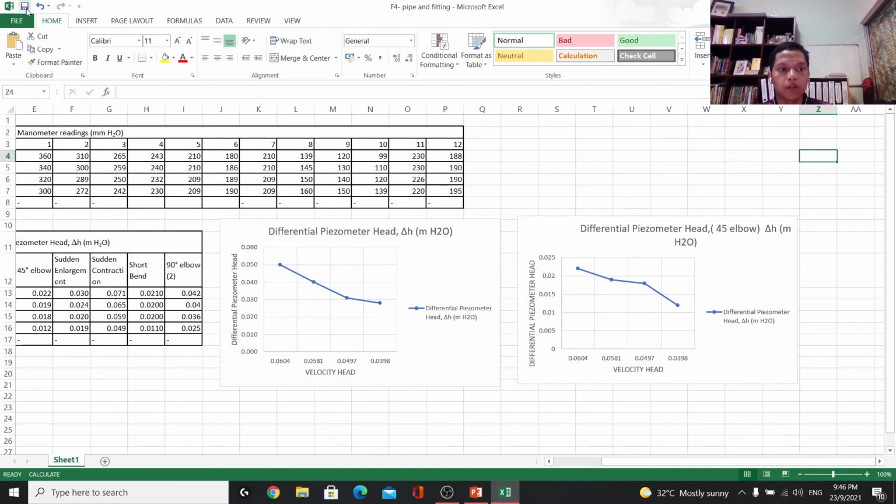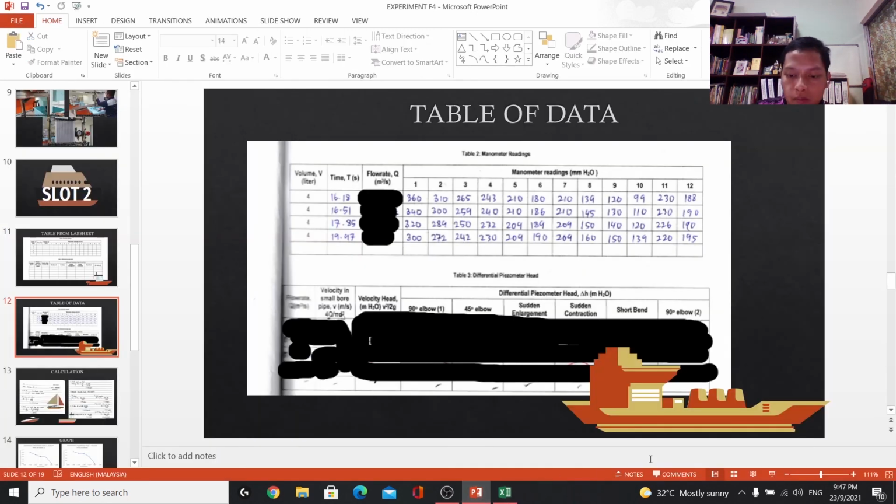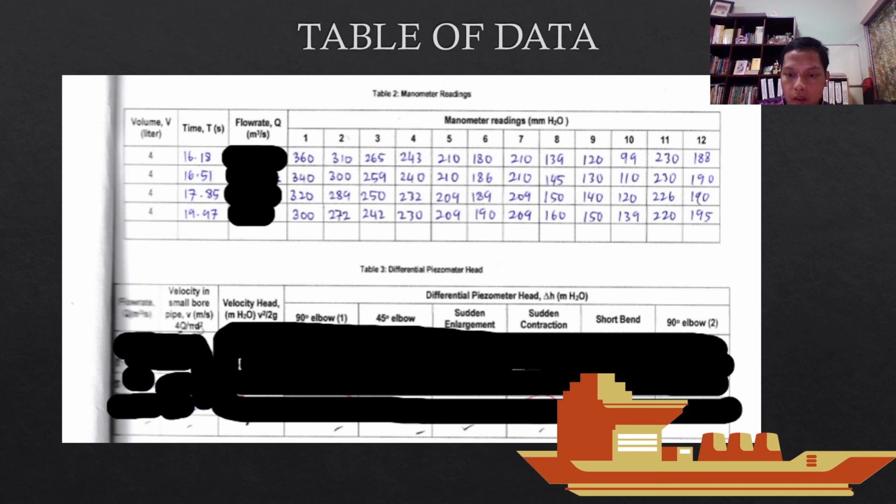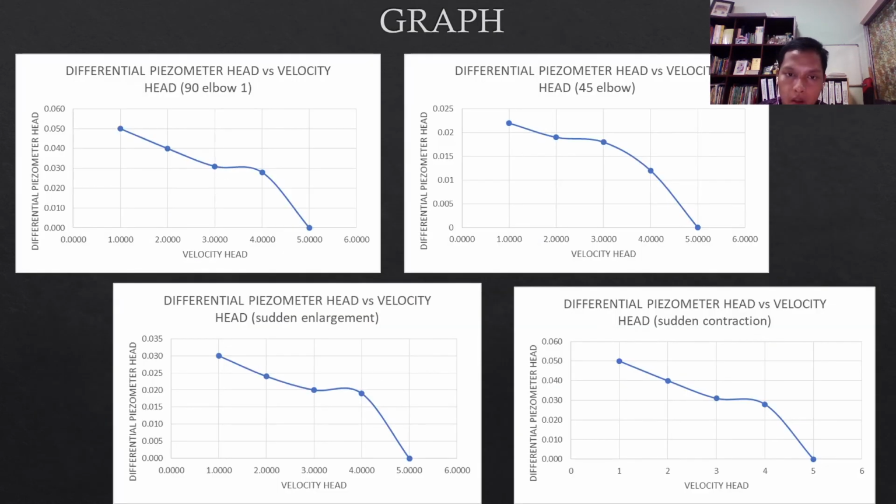So I think that's all for my video of the F4 here. So we'll go back to the PowerPoint. So here we go. This is the graph that they have already been doing here, which is all the graphs for the 90-degree elbow.